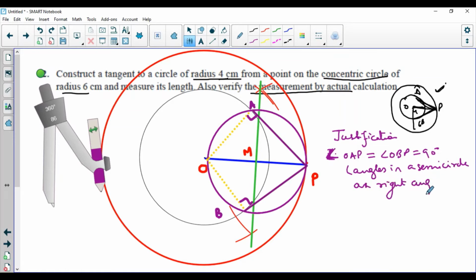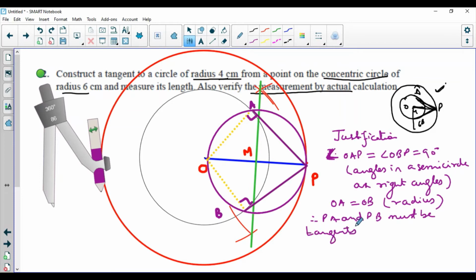Then next, OA equals OB, radius. Therefore, PA and PB must be tangents. And by the equal tangent theorem, their lengths must be equal.